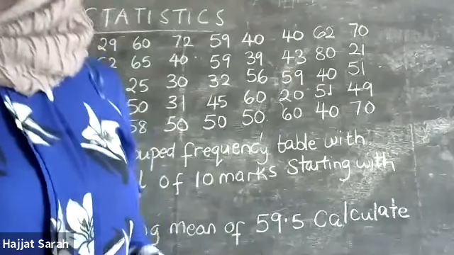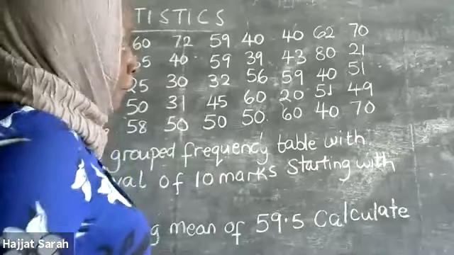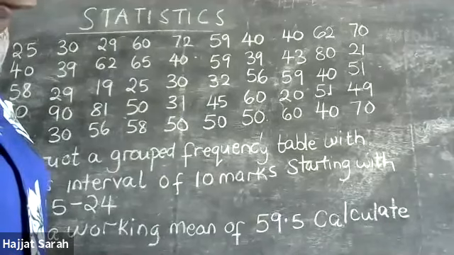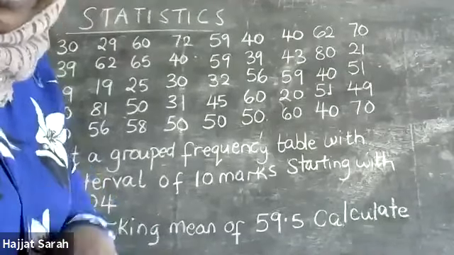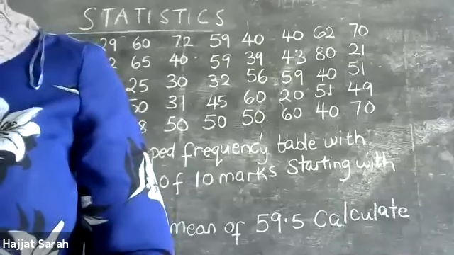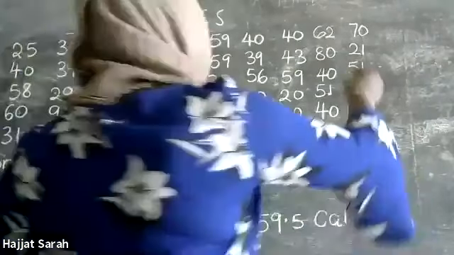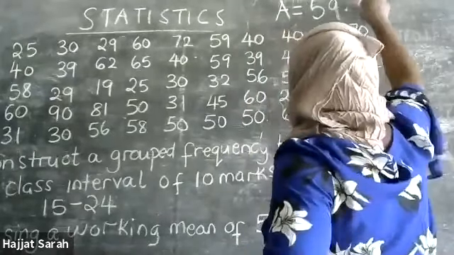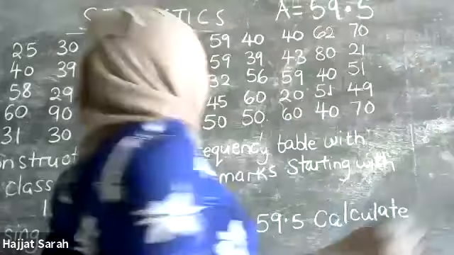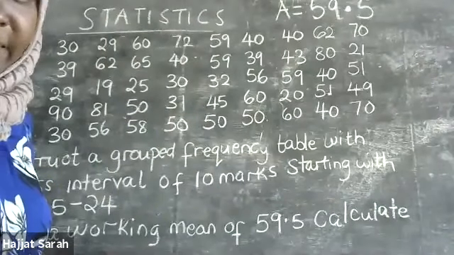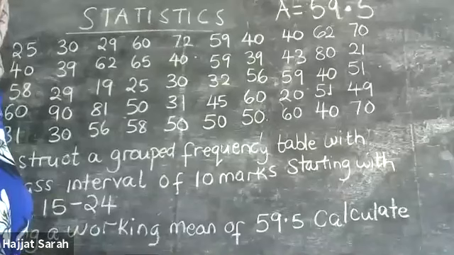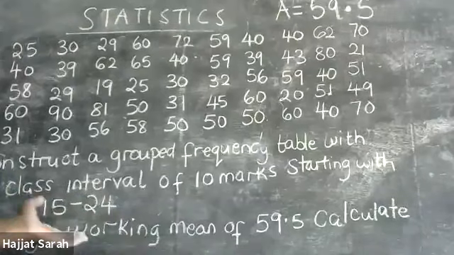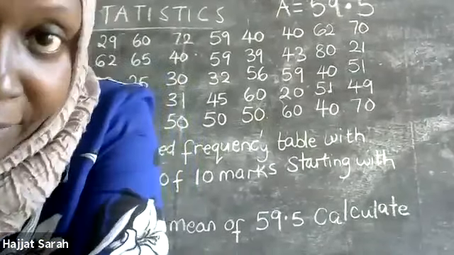So we call it a working mean. The one we are using is 59.5. Your working mean is 59.5. Is that okay? 59.5 is the mean we are using for this number. Ketra, have I answered you?